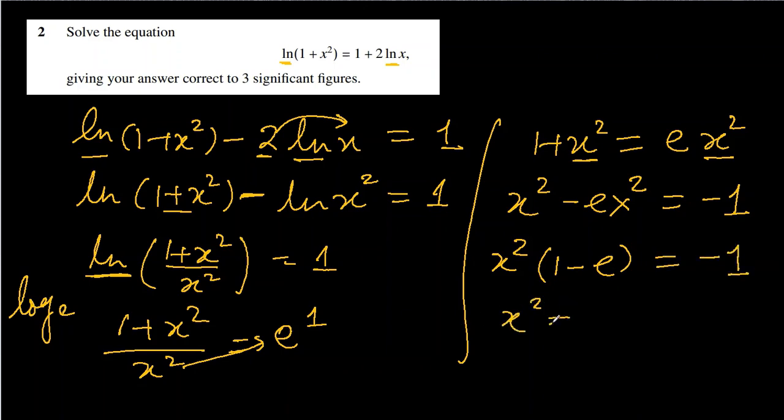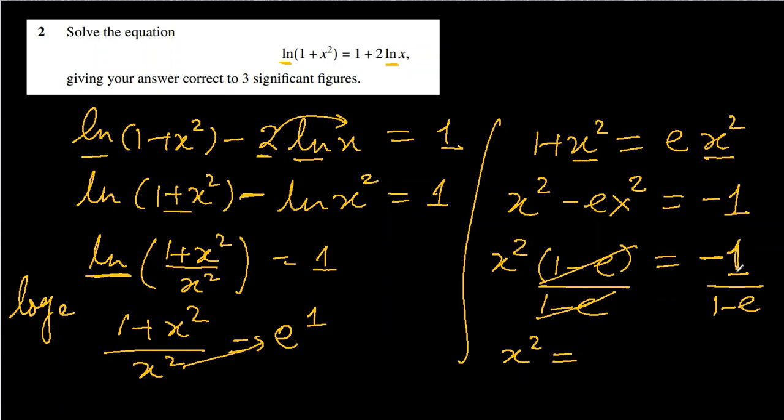x² will cross multiply by dividing it by the other side, or if you want, we can do it this way. Divide this side by 1 - e, divide this also by 1 - e, so that 1 - e cancels here. So x² is equal to, now there is a negative here. To find x, we'll have to square root, and square rooting a negative looks odd.